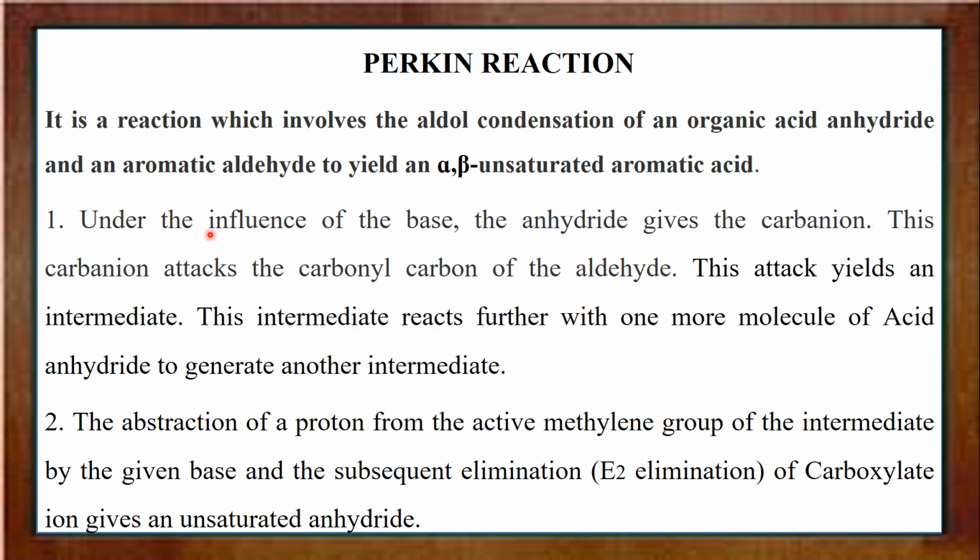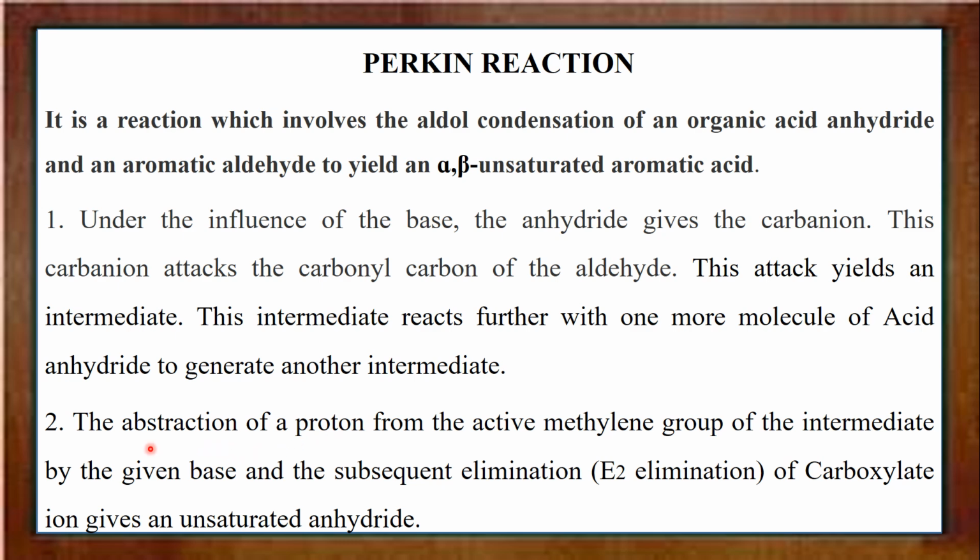This enolizable carbanion attacks the carbonyl carbon of the aldehyde. This attack yields an intermediate, and this intermediate further reacts with one more molecule of acid anhydride to generate a new intermediate. And this is the first step.